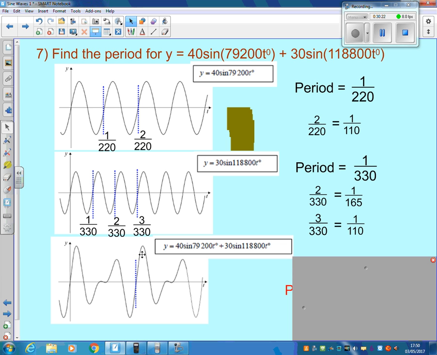It's happened here, so that means that this one here has a period of 1 over 110. You can actually see it's lining up nicely. That's 2 over 220, which equals 1 over 110. That's 3 over 330, 1 over 110, and so it's going to be 1 over 110 there. Okay, I hope that helps you with your exam.